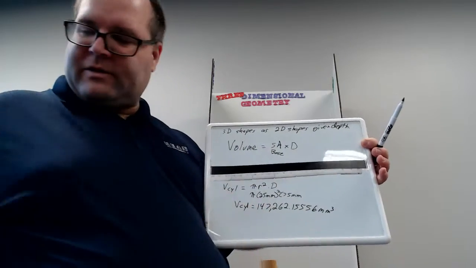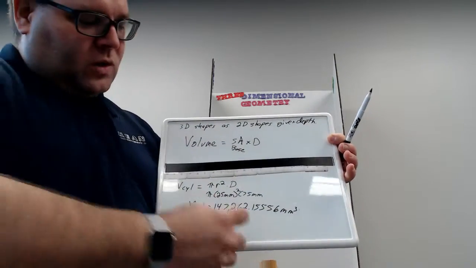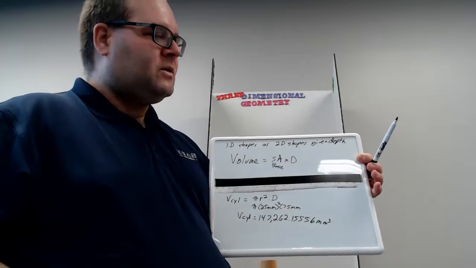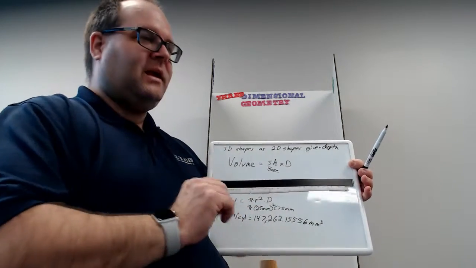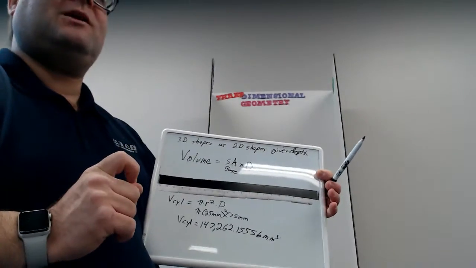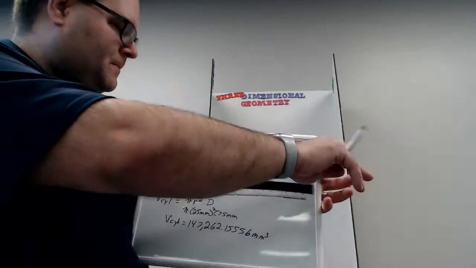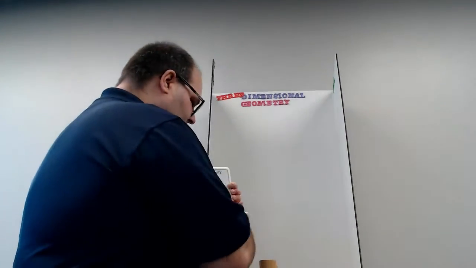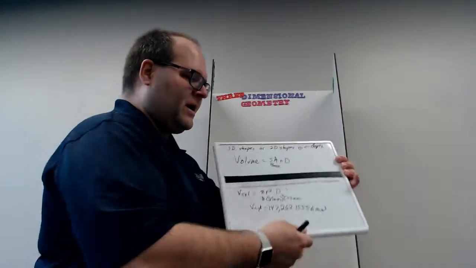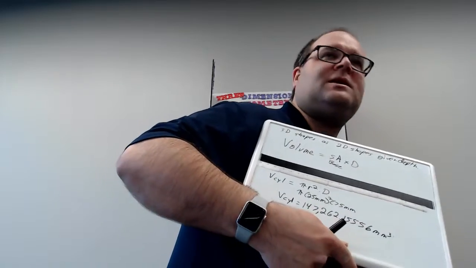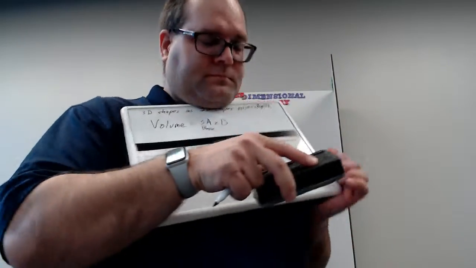So this volume could be determined to need this many 1 millimeter by 1 millimeter by 1 millimeter cubes. Any cylinder can have its volume determined using the same formula.